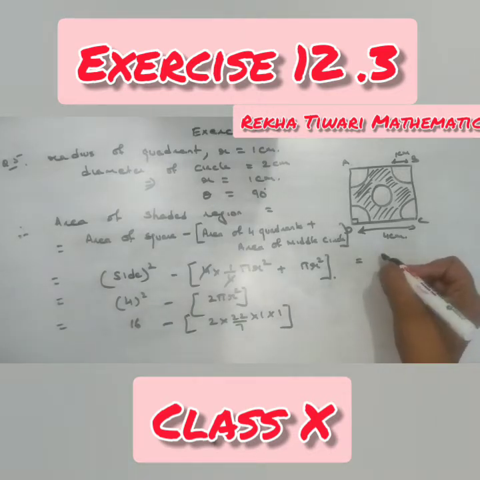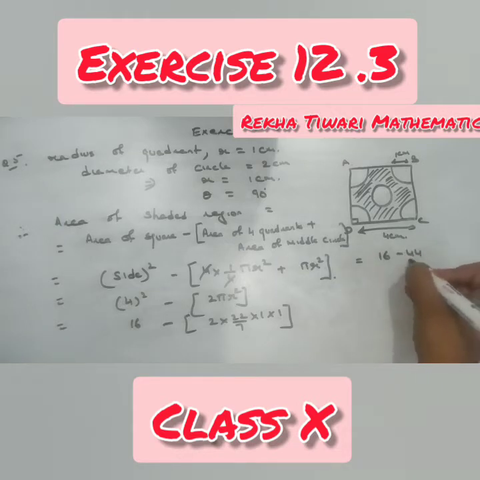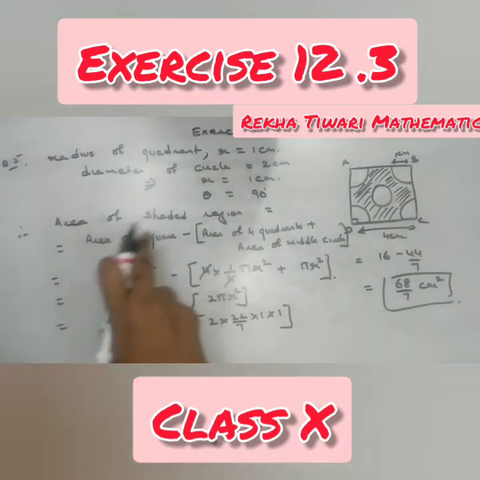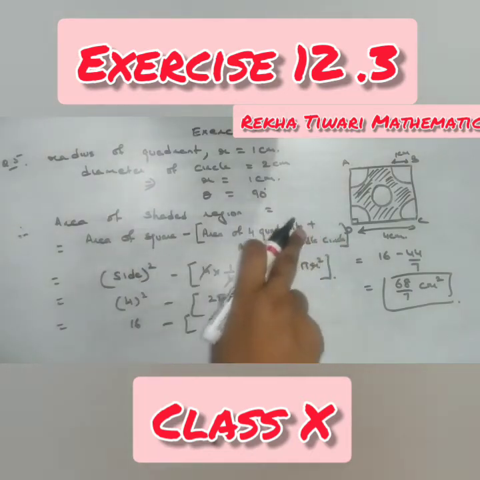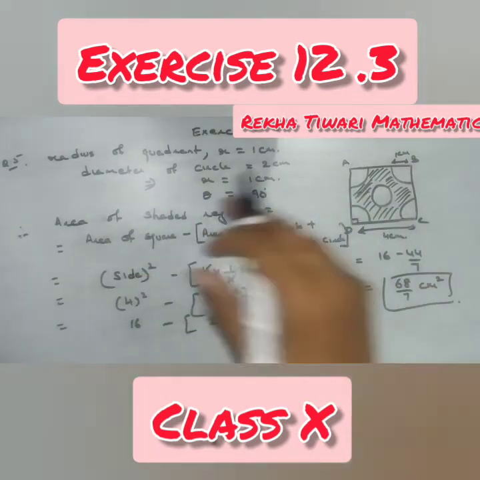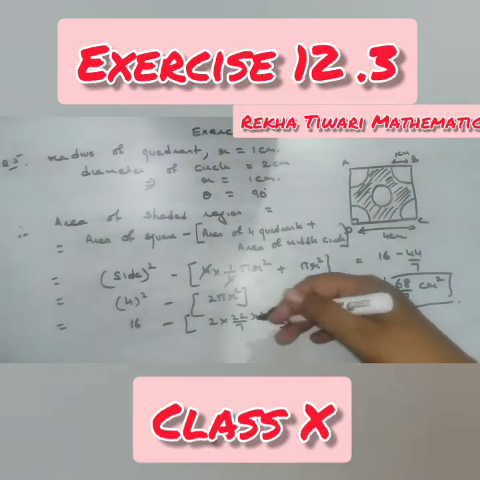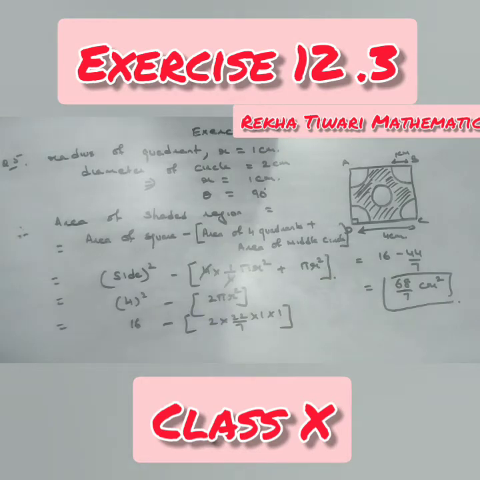This is equal to 16 minus 44 by 7, and if you solve this you will get the answer as 68 by 7 centimeter square. Okay, either you make a single formula, or if it creates confusion, find out the parts separately and then solve. But in that case your calculation becomes lengthy. So it's better to make a single formula by observing the figure.